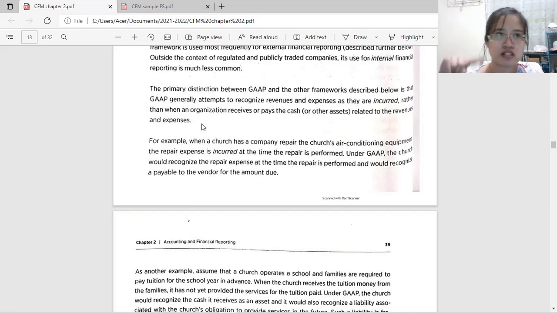Whereas there is another term, the opposite of going concern, we have the liquidating concern. It's when a business or an organization is believed to be nearing its end, or they already have plans to close the business.